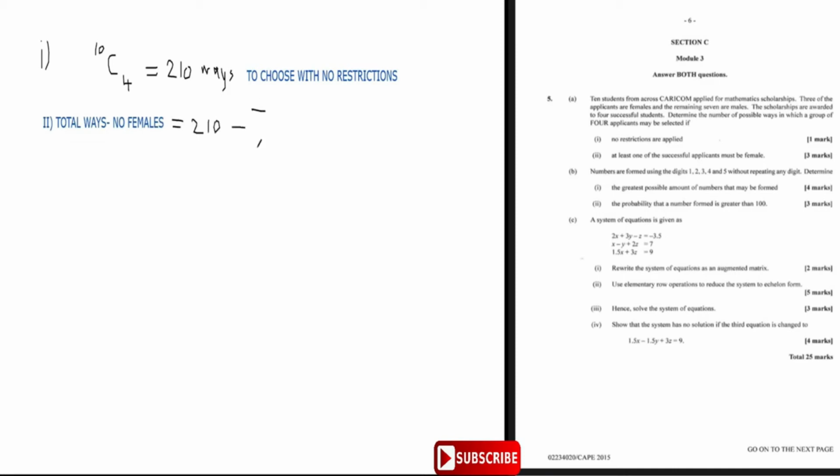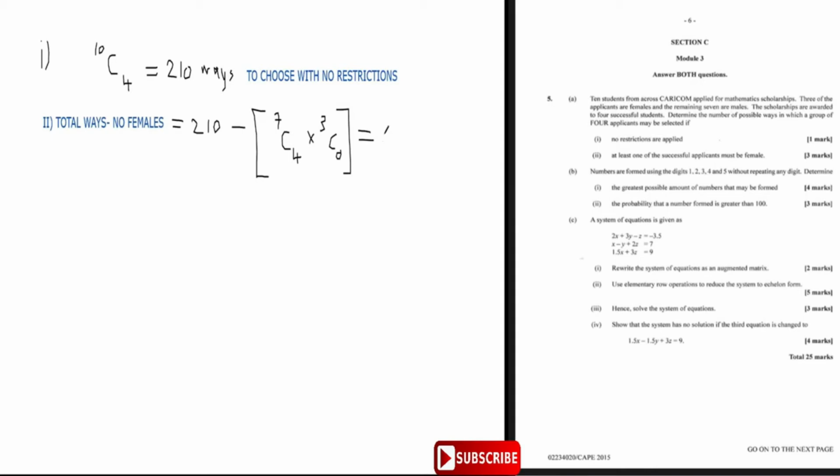To have no females means we would be choosing 4 applicants from how many boys? That is 7 boys. So we're choosing 4 from 7, and we're choosing no girl from 3. That would give us the number of ways of choosing at least one girl.